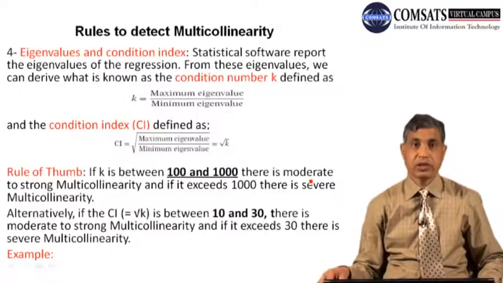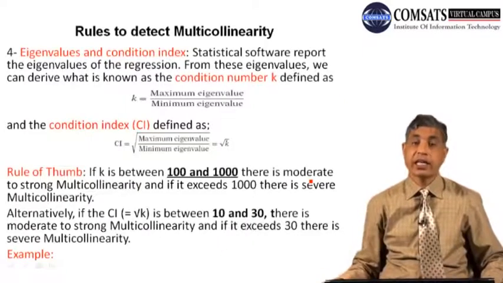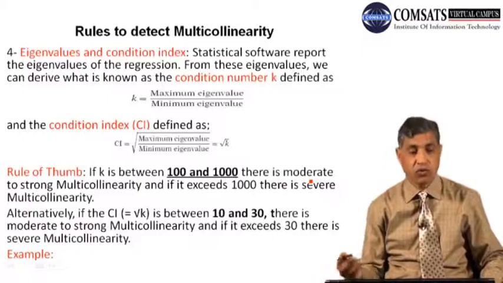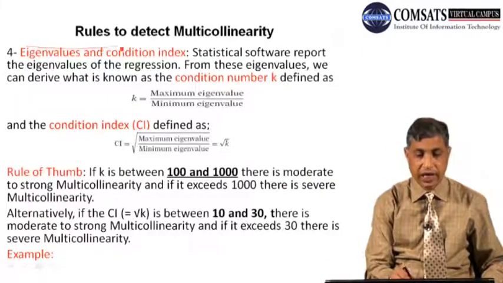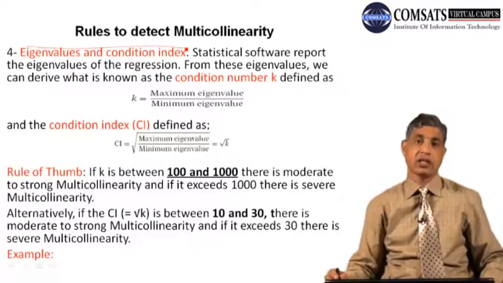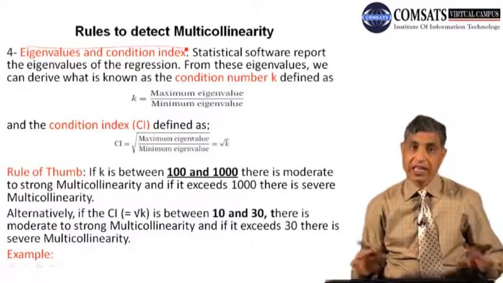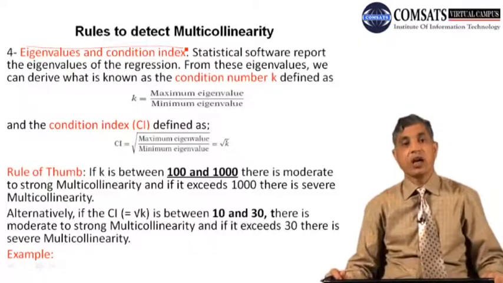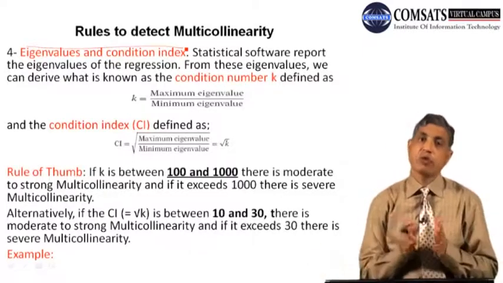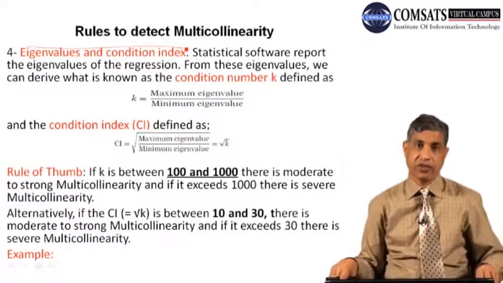The rules of thumb to detect multicollinearity continue, and the fourth method is called the eigenvalues and conditional index. We will make the conditional index on the basis of the eigenvalues. What are the eigenvalues? These are reported by many software packages.